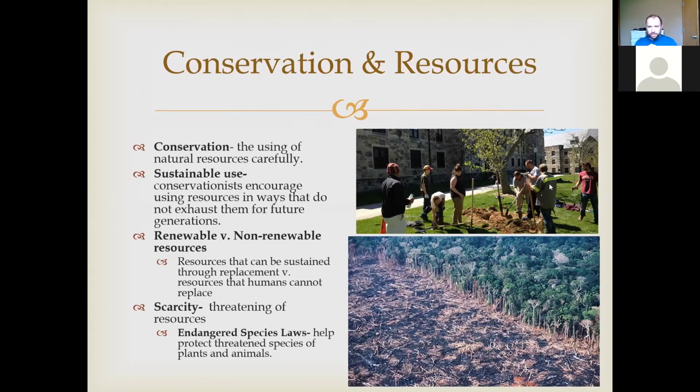And typically, when we talk about non-renewable resources or non-renewable sources of energy, those are things like oil, gas, coal, right? Things that we burn to create energy, but then once they're burned up, we have to go get more of it, right? That's the way gasoline works, unfortunately.